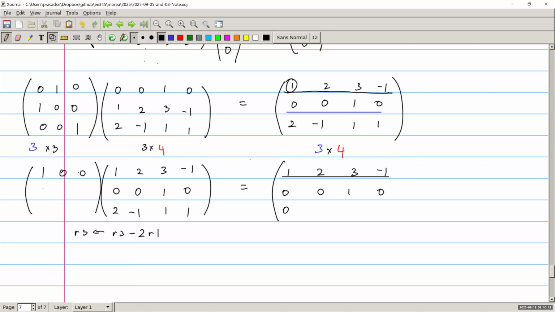Okay, so the second row, how do I write it as a linear combination of the three rows? Same way. This row, how do I write it as a linear combination of these three rows? Tell me the linear combination first. Don't worry about this answer.